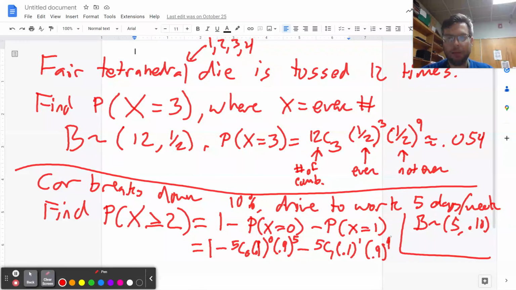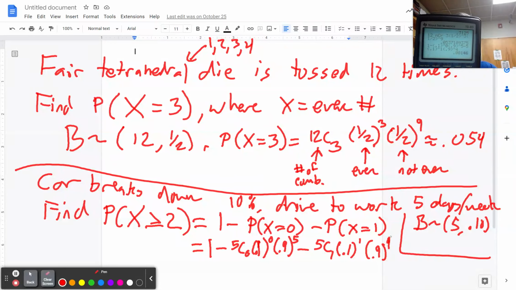I'm going to cheat a little bit because I know what the combinations are. 5 choose 0 is just equal to 1, so I don't even need to type the 1. I'll go 0.1 to the 0, I guess I don't need to type that either, 0.9 to the 5. Minus 5 choose 1 is the same as 5, 0.1 to the 1, and 0.9 to the 4. So here's my calculator. Hit enter.